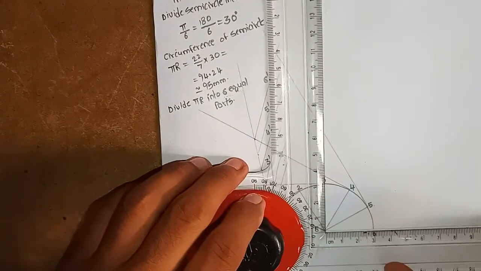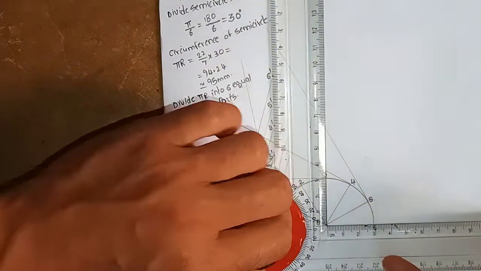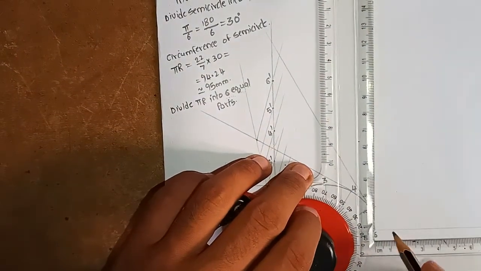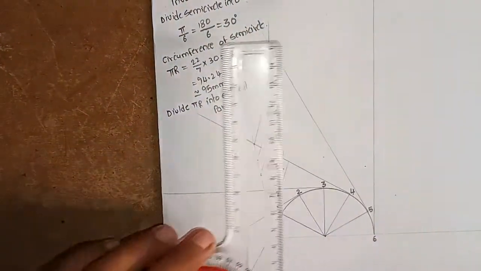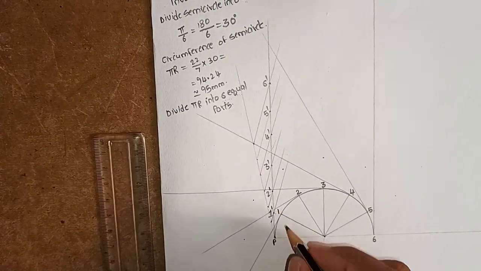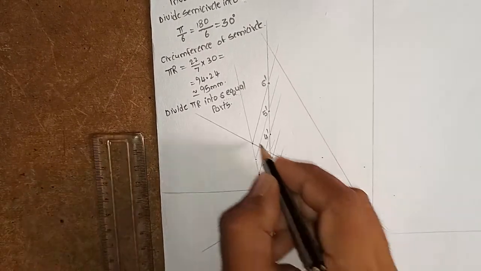And finally we have to draw the perpendicular to the sixth point. Now we have to take the points, students.